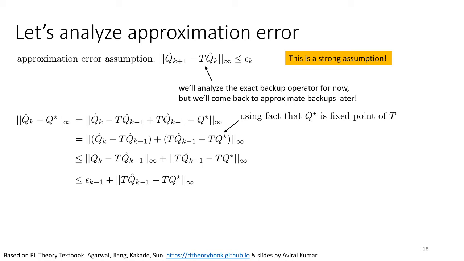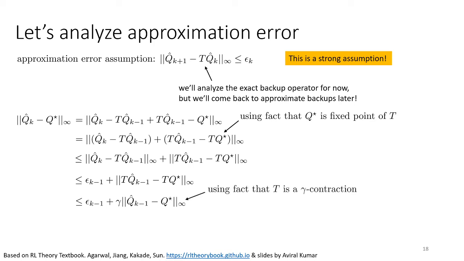Now for the second term, we're going to recognize an interesting fact that we saw way back in the day when we first learned about Q-learning, which is that the Bellman backup is a contraction. The fact that the Bellman backup is a contraction in the infinity norm means that the infinity norm of what you get by applying t to two different q functions is less than or equal to gamma times the infinity norm of the difference between those q functions.